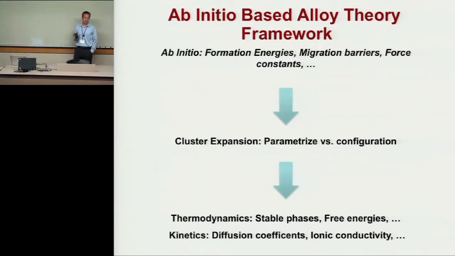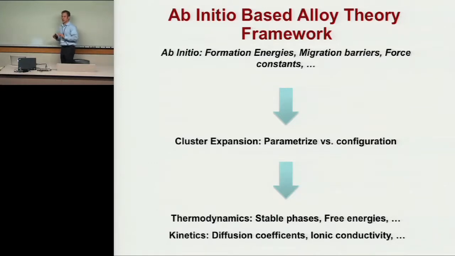That's at least what the community I came from called it, which is essentially the tools you use to deal with configurational complexity in systems. So the stress is really on the alloy part. And typically for ab initio-based modeling, it has this general form. You calculate formation energies, migration barriers, force constants, lots of zero temperature data.